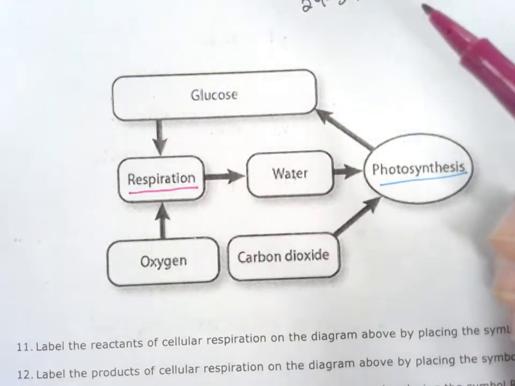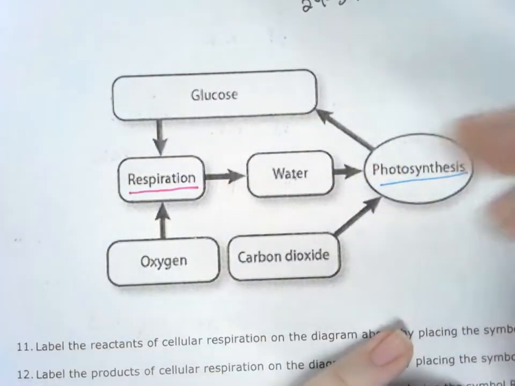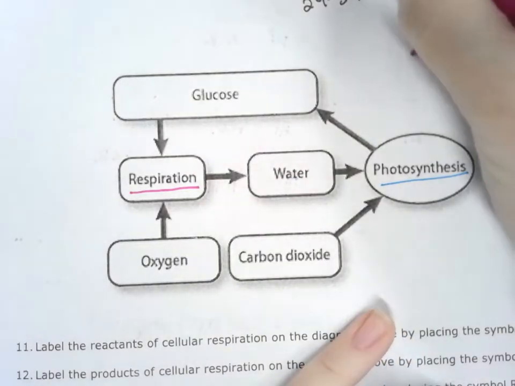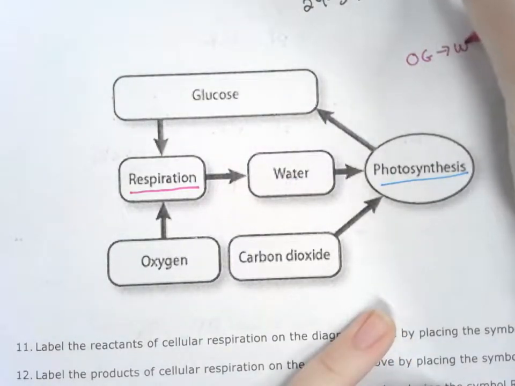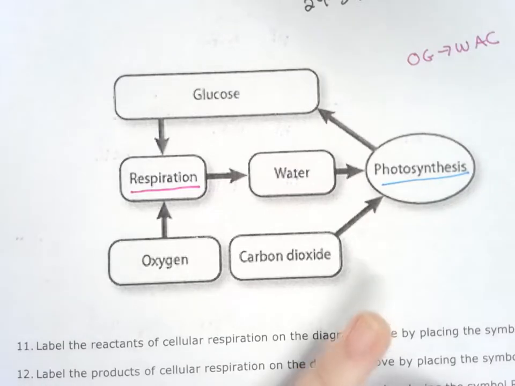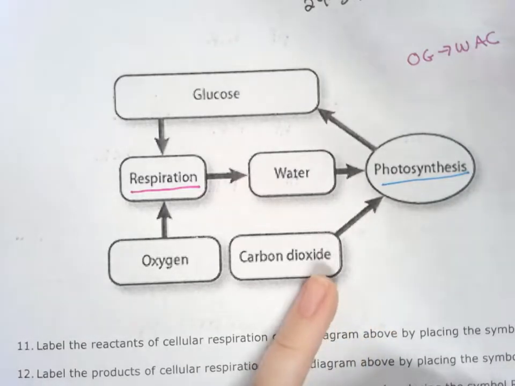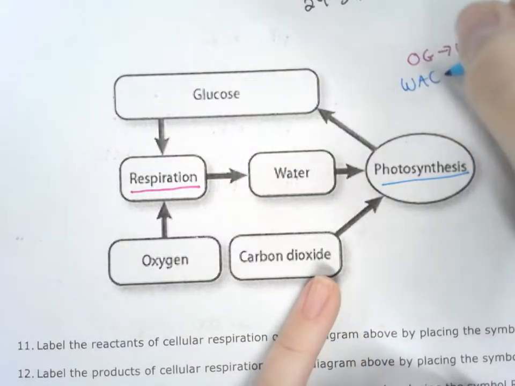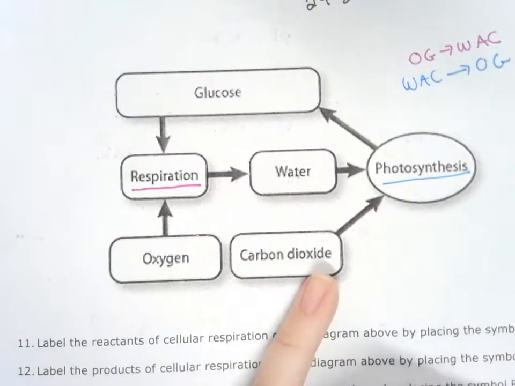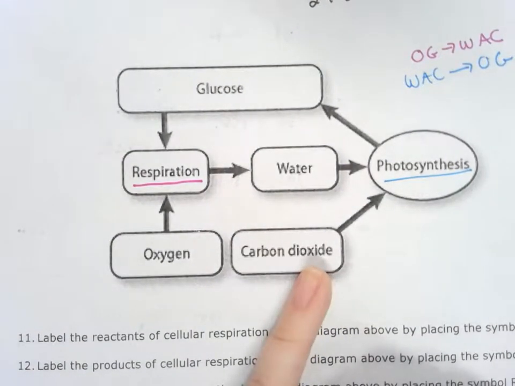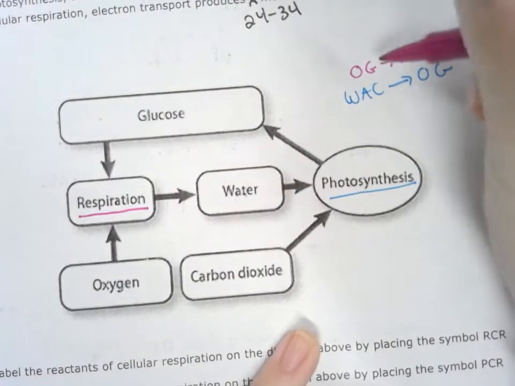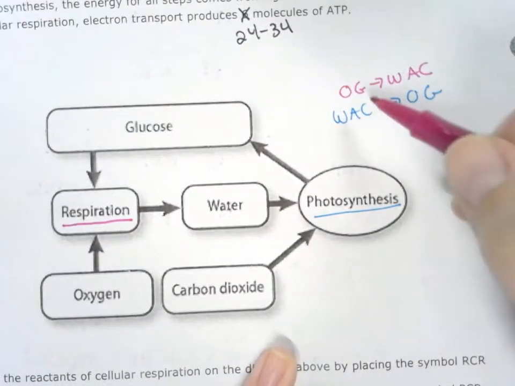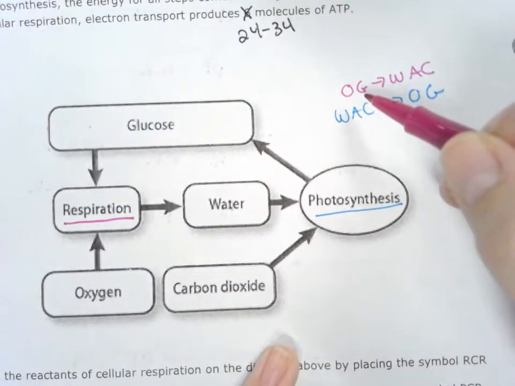Based on my formula for respiration, which is OG WAC, and photosynthesis is WAC OG, my reactants for cellular respiration are oxygen and glucose.